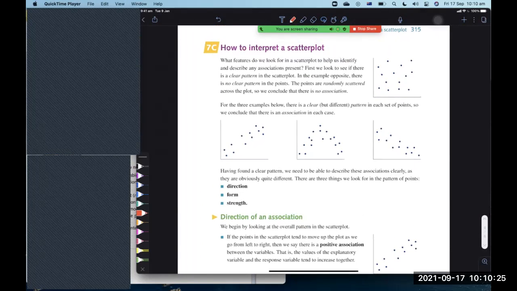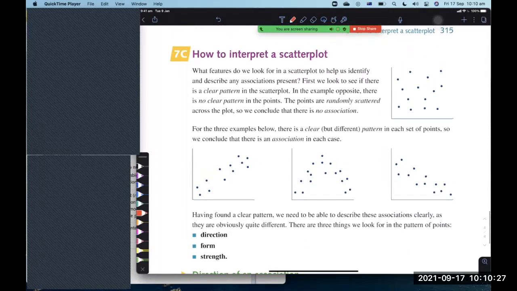So we call this one here randomly scattered. And we start to talk about relationships between the vertical and the horizontal. Remember EV for explanatory variable and RV for response variable, because we've got the vertical line and we've got the horizontal line there. Now we say two things about this.